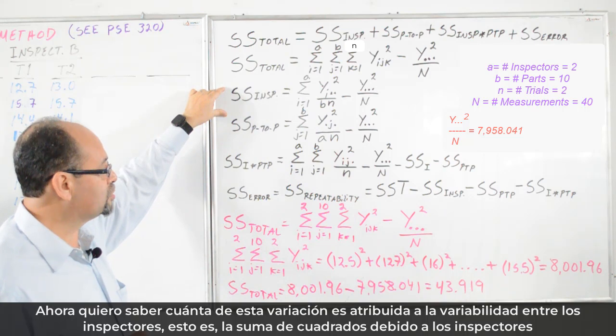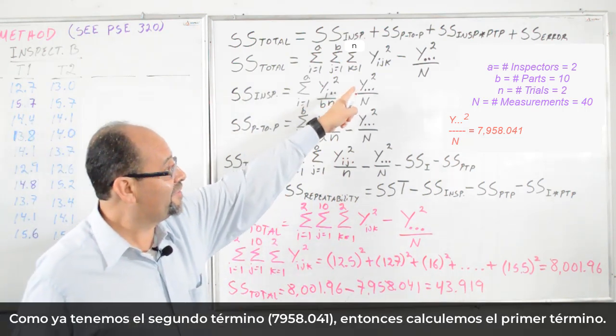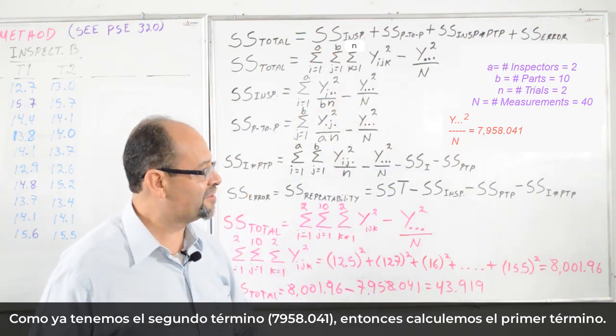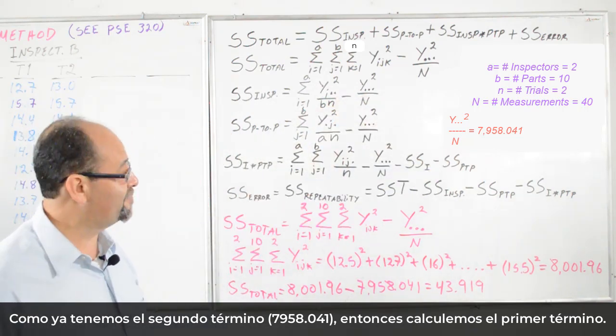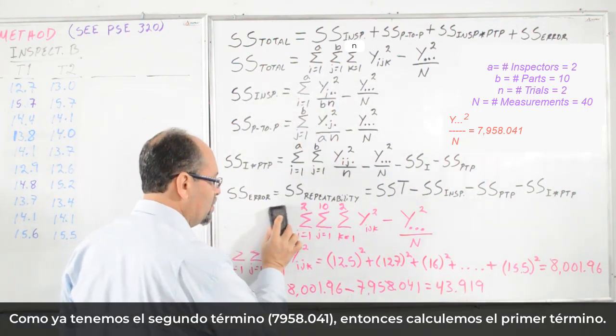Now, of that variation, I want to know how much of that variation is because of the variation between the inspectors, the sum of squares because of the inspectors. Well, we already have this term, which is the 7,958. Now, let me calculate this term. I will place it here.